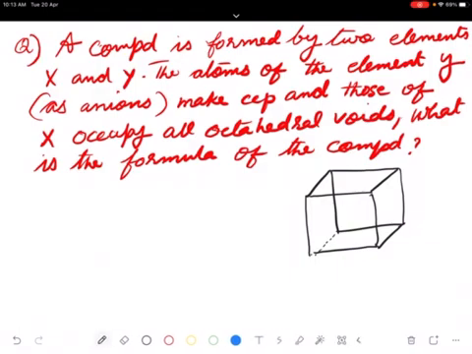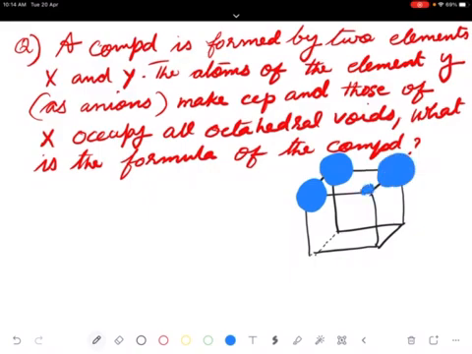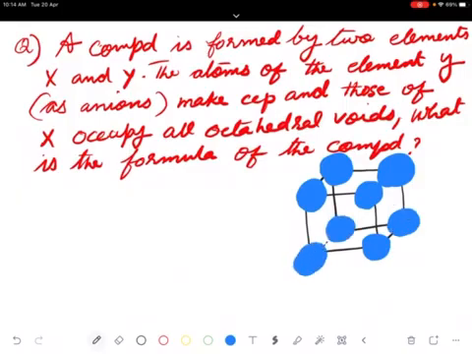So here, one atom at the corner, corner, corner, corner. There are 8 corners. From each corner, the contribution is only 1/8.